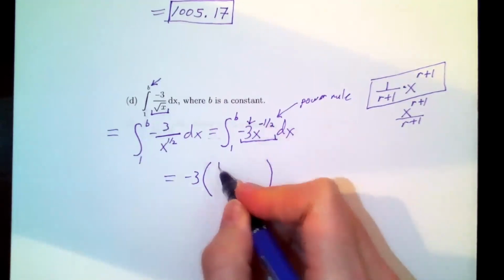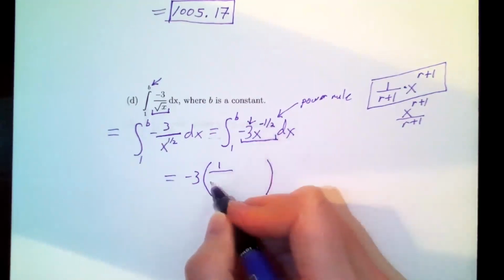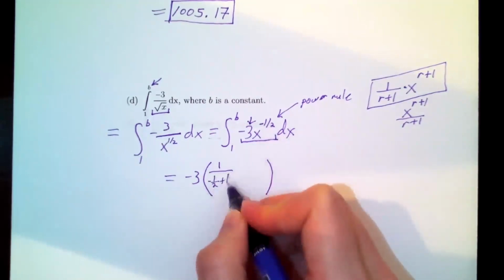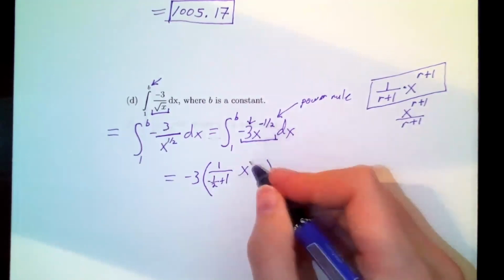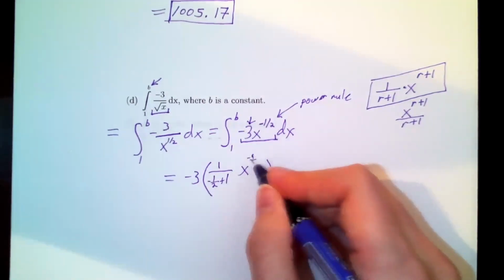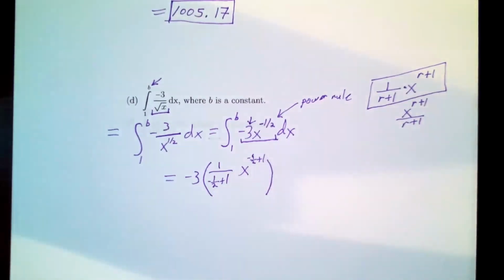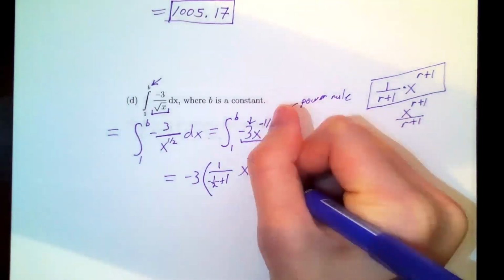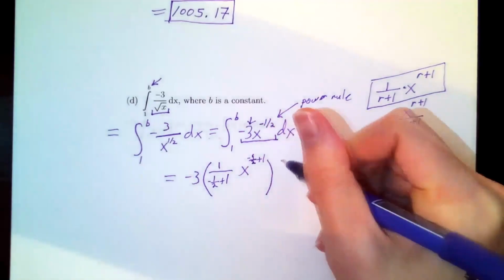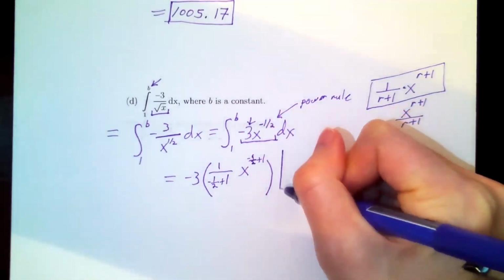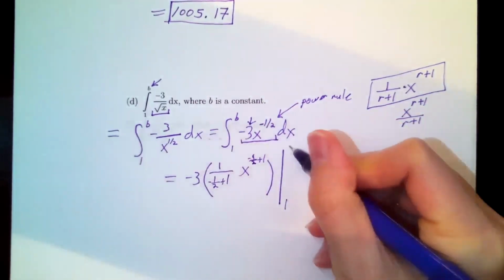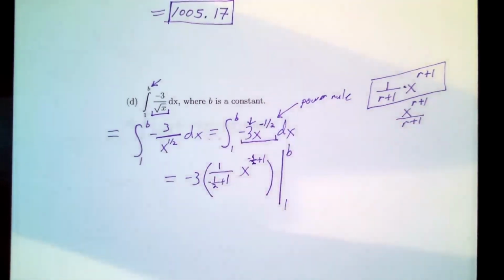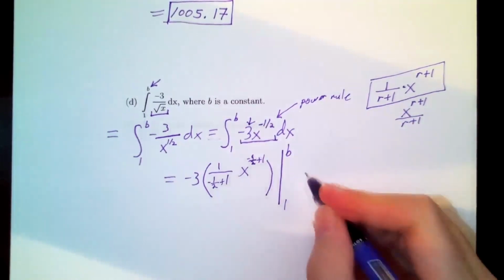So you have 1 over -1/2 plus 1, which is +1/2. x to the -1/2 plus 1. We should simplify this down, but here's the power rule in action. And this is to be evaluated from 1 to b. Let's not start plugging numbers into anything yet until I make this look a little nicer.